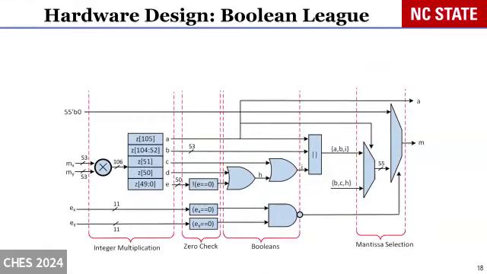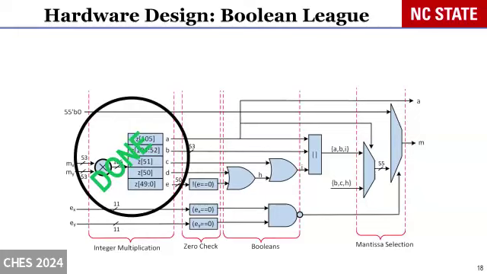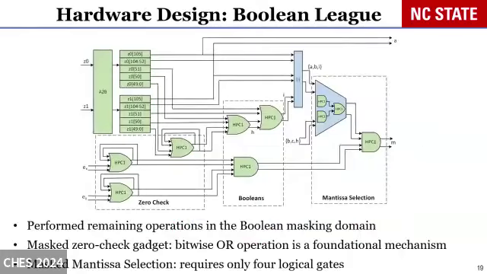So what I described so far was all this part, the first part where you just do the multiplication of the mantissa. Then you have a sequence of other operations such as zero checks, Boolean, and mantissa selection. But all these operations are in the Boolean domain, so they can be handled with Boolean masking. And that's what we do.